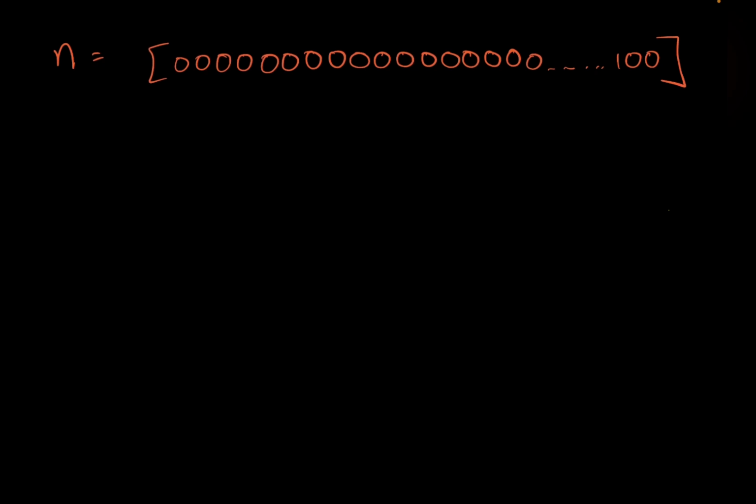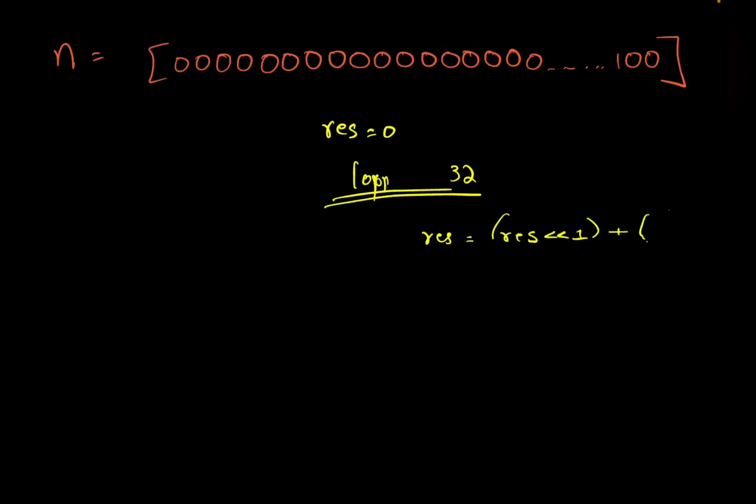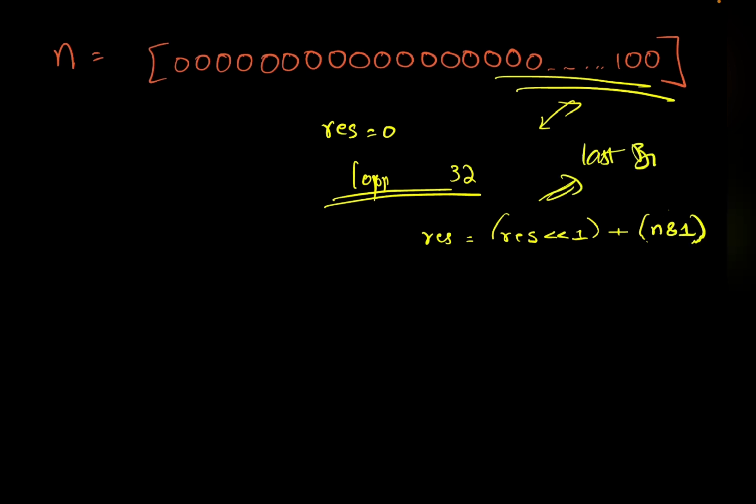If we consider a variable as a result, and loop through 32 times, take this result left shift, and add the given number in the binary format with 1, this gives you the last bit.